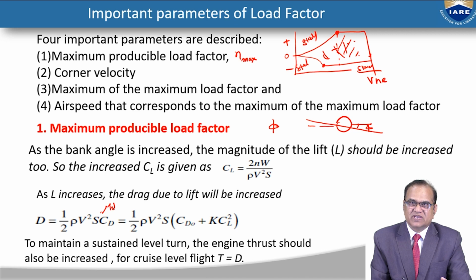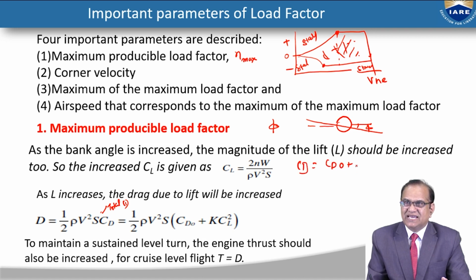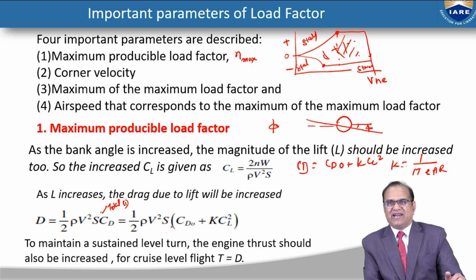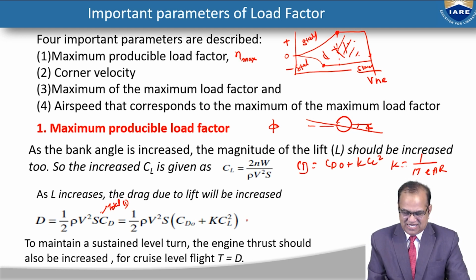From the drag polar, we can write that CD is equal to CD naught plus K CL square, where K is equal to 1 by pi E aspect ratio. So here we can write that drag is equal to half rho V square S times CD naught plus K CL square, which we have already seen many times.